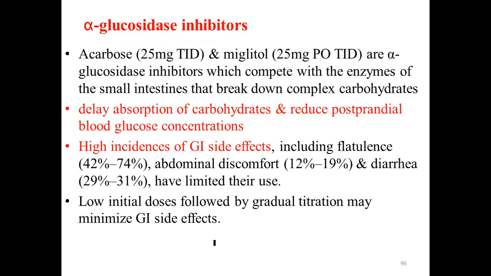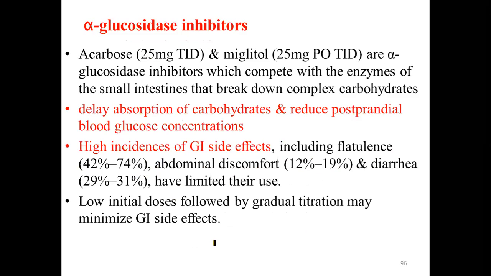Then the other class of drug is the alpha glucosidase inhibitors, like acarbose and miglitol. The alpha glucosidase enzymes are important to break complex carbohydrates into monosaccharides so that they can be absorbed and utilized by the body.